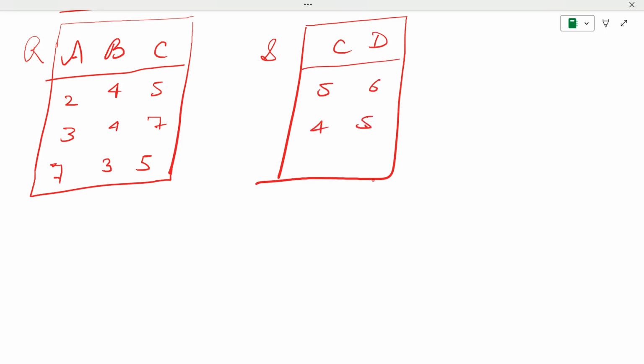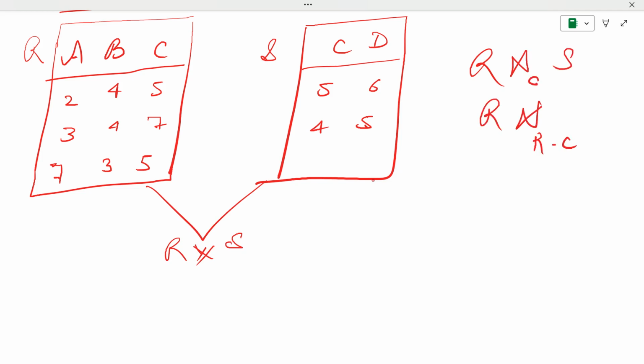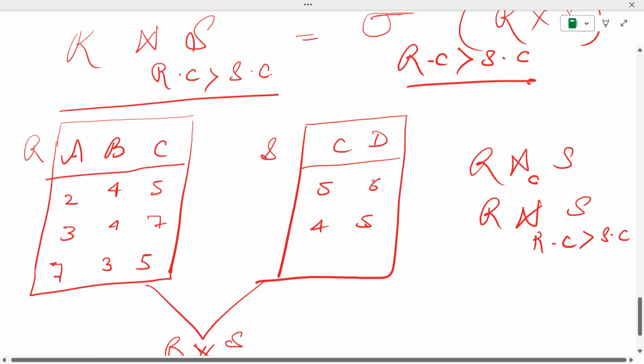And if we are doing the cross product first, if we have to obtain R conditional join with S such that the condition is R.C is greater than S.C, right? I think it was the condition.